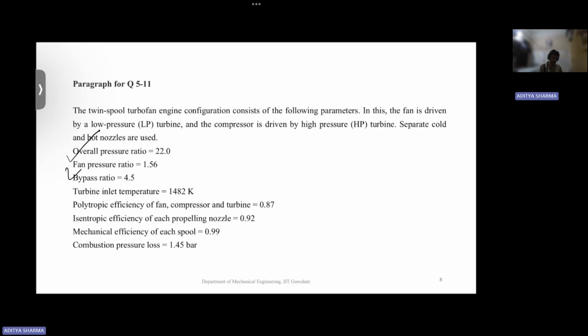Then fan pressure ratio is given as 1.56. Bypass ratio has been given as 4.5. What is bypass ratio? So this is a turbofan engine. This is fan. This is core.